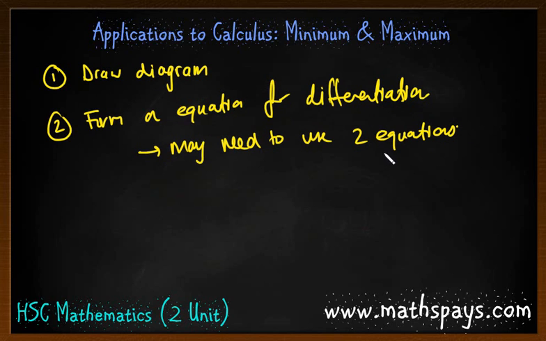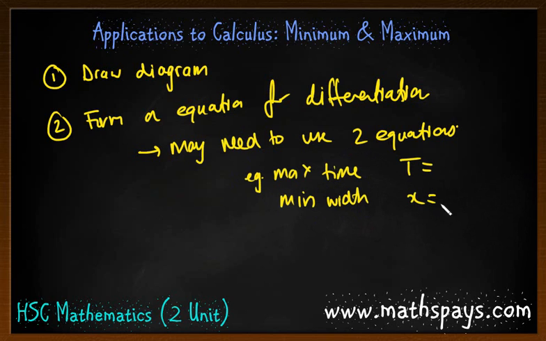If you're trying to figure out which equation you need to differentiate, look to see what they're looking for. If it's a maximum time, then you want t equals. If you want a minimum width, like in the last one, then you want x equals.